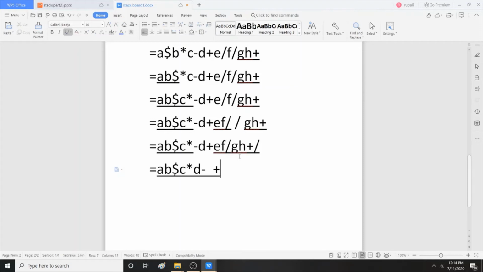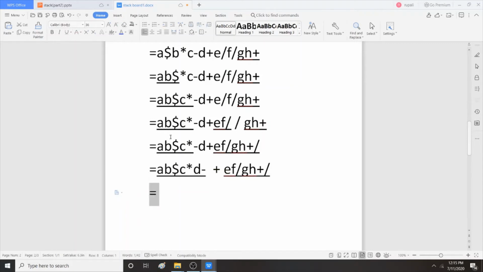This plus. So and then this one. So imagine this one is one operand, this one is another operand. In between these two there is plus. So finally we get the result. Can you tell me finally what will be the result?